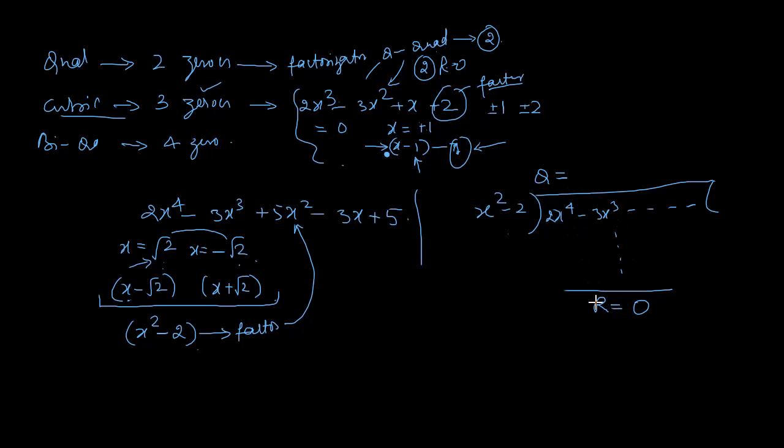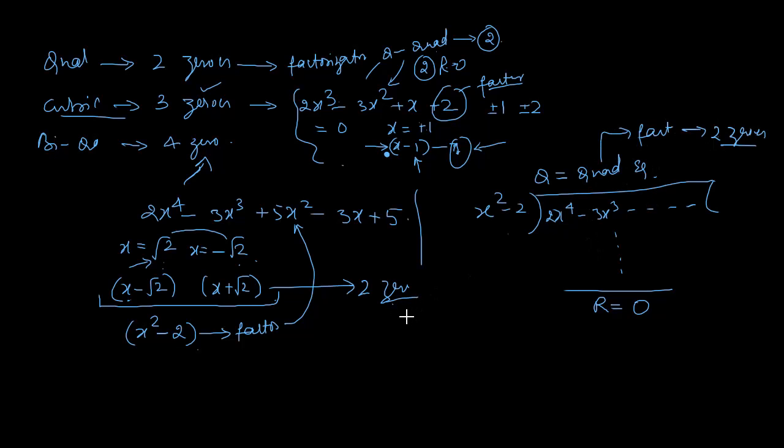So now, there are 2 zeros given, because it's a biquadratic, so I need to have 4 zeros. I need to find out 2 more zeros. My quotient is actually going to be a quadratic equation. If I factorize this, I get 2 more zeros. As simple as that. These 2 plus 2, 4 zeros.